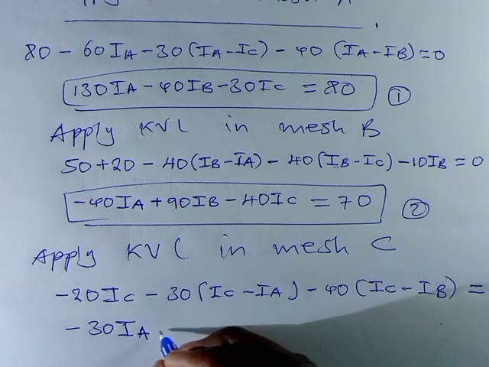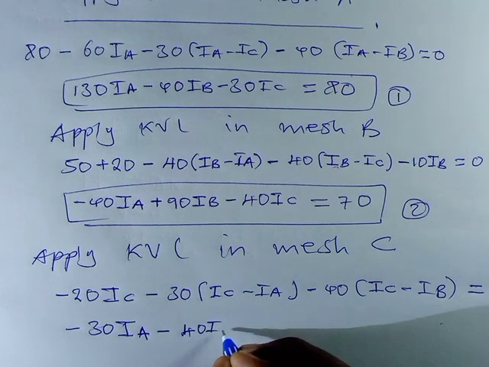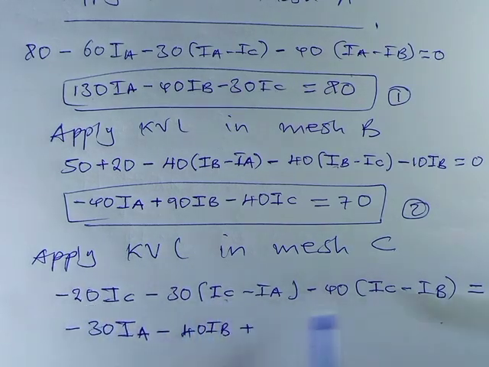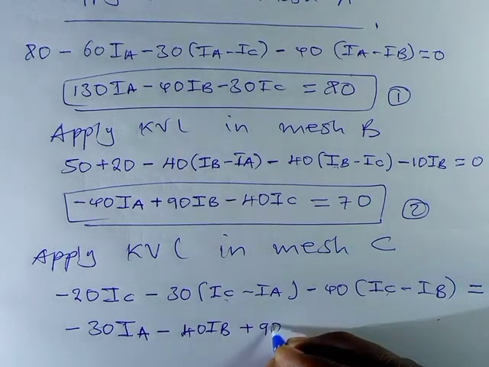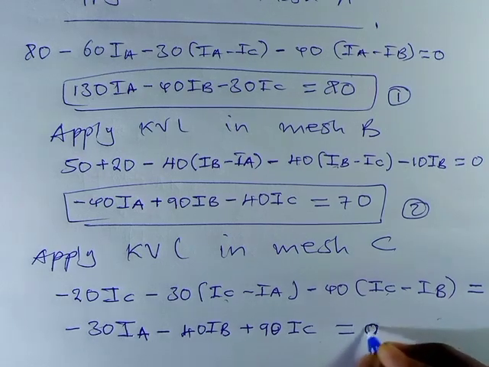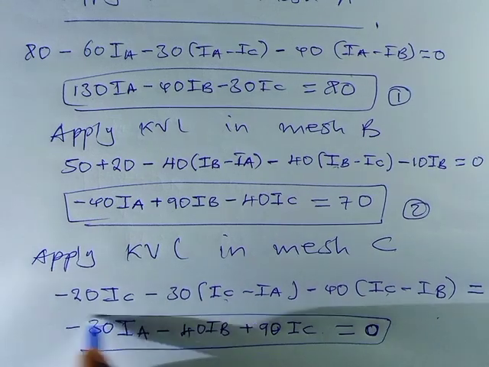Then minus 40 IB plus this, that, that. So we are going to have, okay, so 50. Okay, and this has to be our third equation.